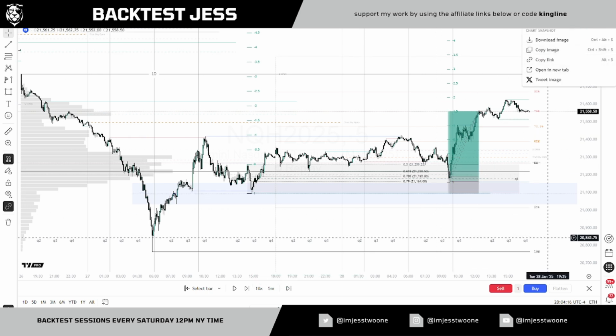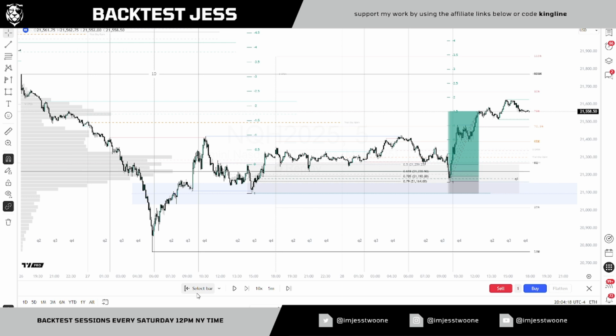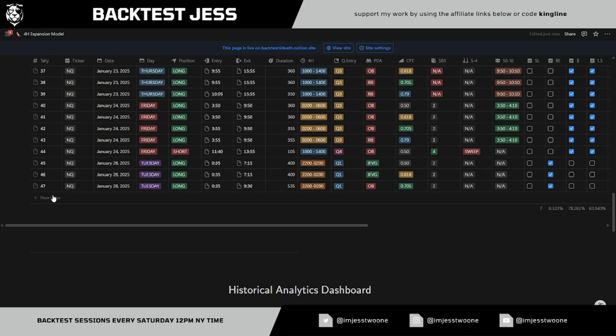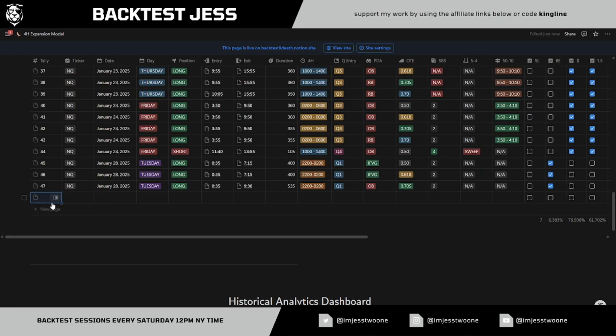Alright, so 4 reps here. We would have trailed to BE there. Close anyway. Yeah, I'm just gonna leave it like that. I'm just trying to make sure I'm tracking it the best way I can. Alright, 4 reps of win. Good.